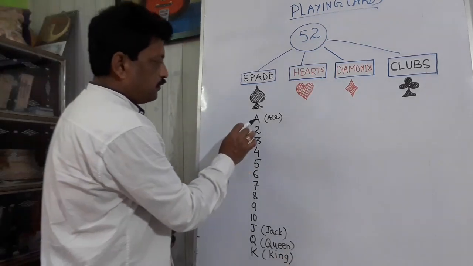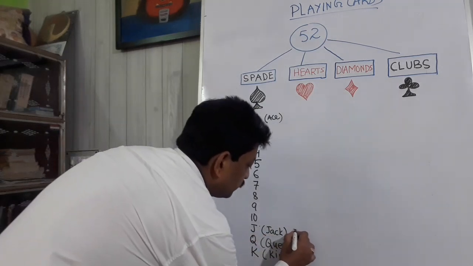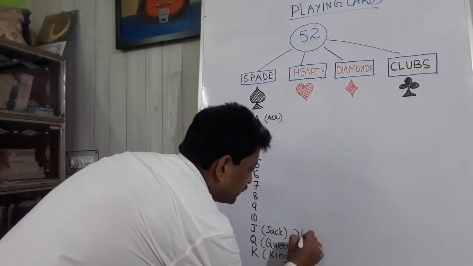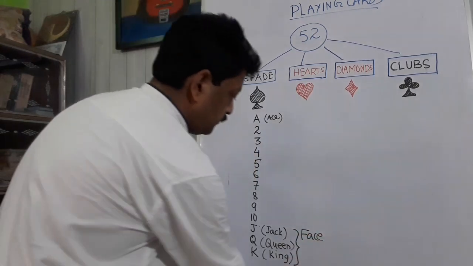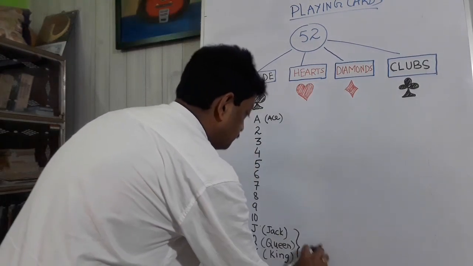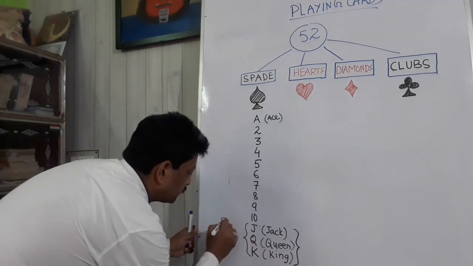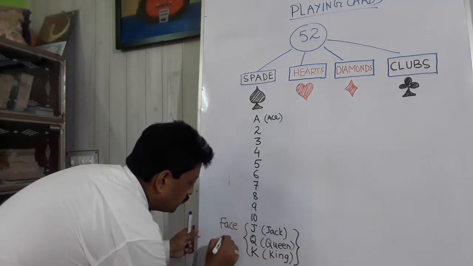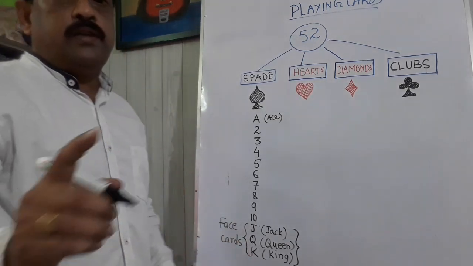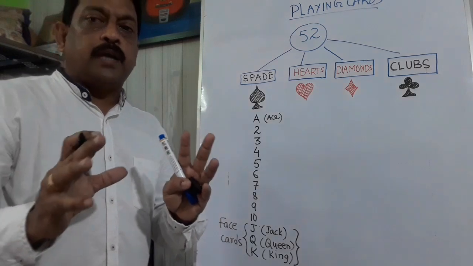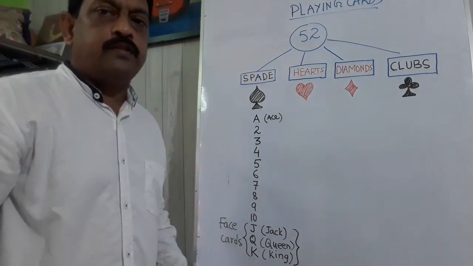So the first one is known as ace card, and the last 3 are known as face cards, because you will see that the different types of face are printed on these cards. That is why they are known as face cards.